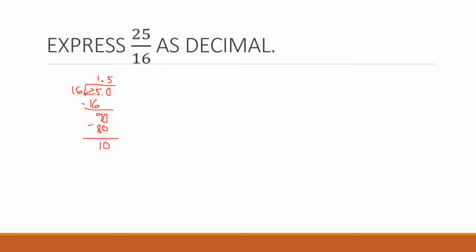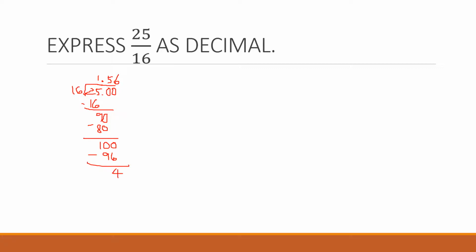10 divided by 16 cannot be done, so you're going to add another 0. So 100 divided by 16 is 6. 6 times 16 is 96. So 100 minus 96 is 4.